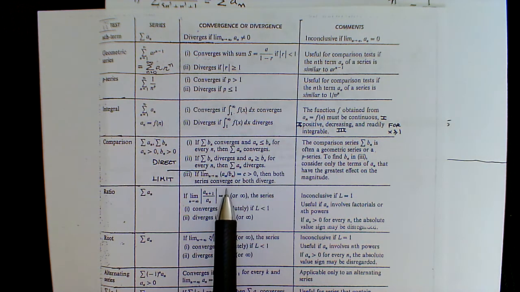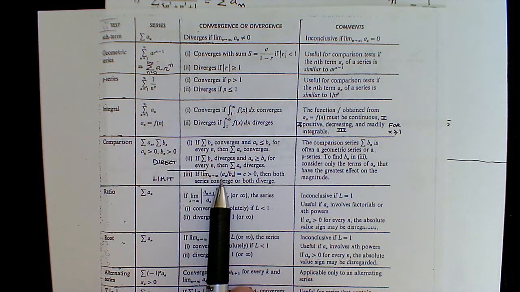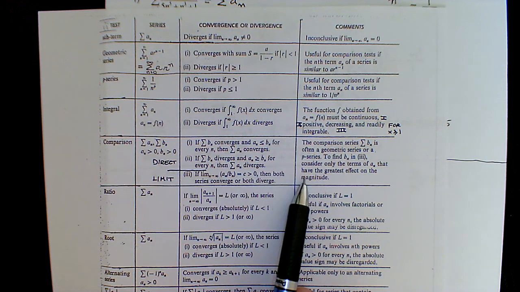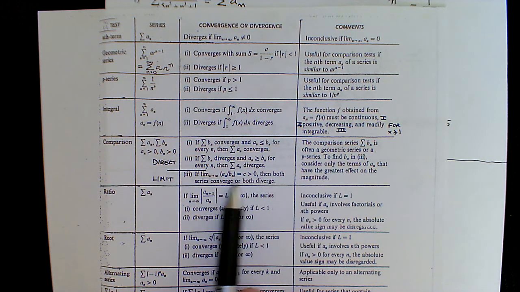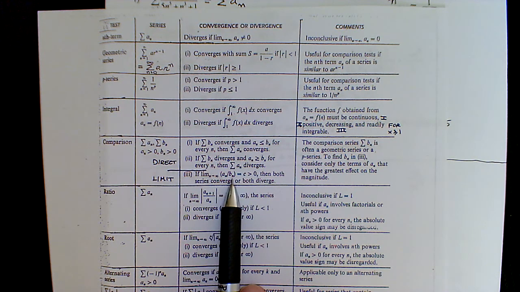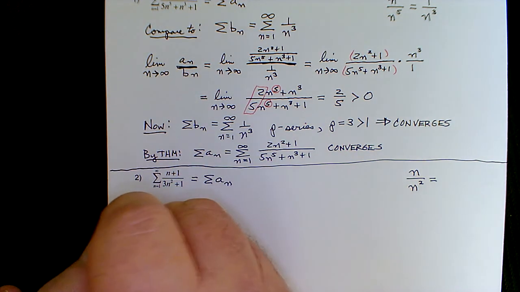If you get familiar with this table, then hopefully you'll find things easy, because you just go to the test. Make a little note here about the magnitude if you want, and it tells you what to do. Take the limit of the ratio of a sub n over b sub n, and then they both converge or both diverge.